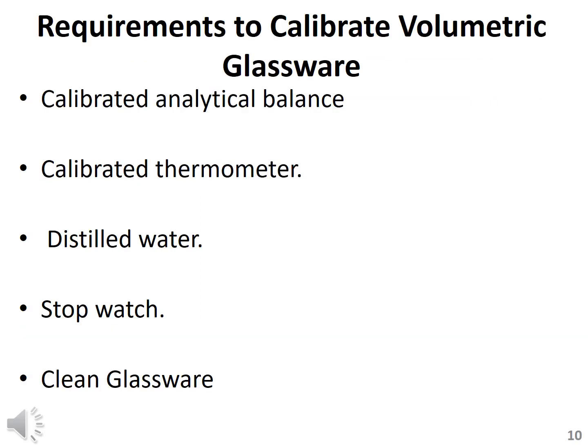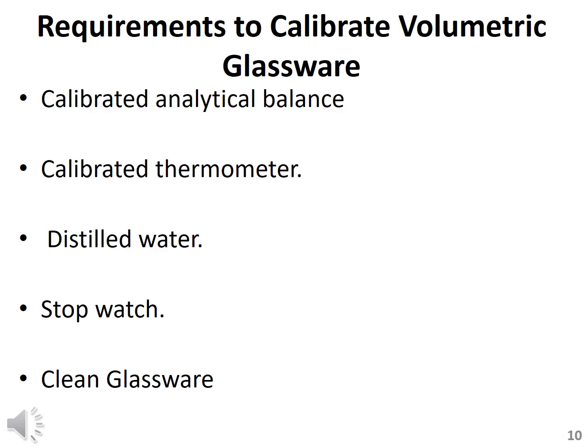So these are the requirements which are essential to calibrate the volumetric glassware. Number one, the weighing balance, either a top load balance or an analytical balance, and these must be calibrated before using for the calibration process.